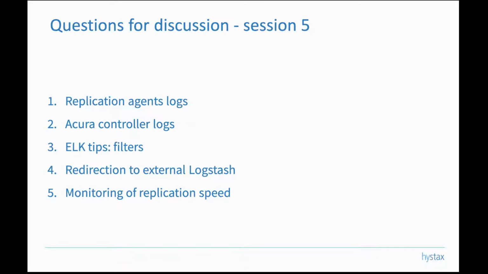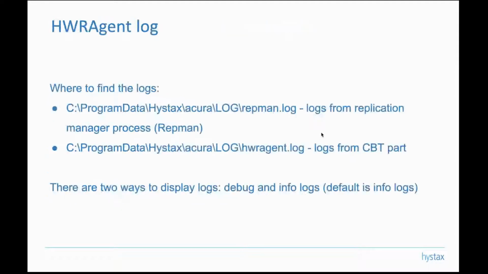How to redirect the logs to the external Logstash, and how to monitor the replication speed. How to find out the bottleneck of the replication part, if there is some.